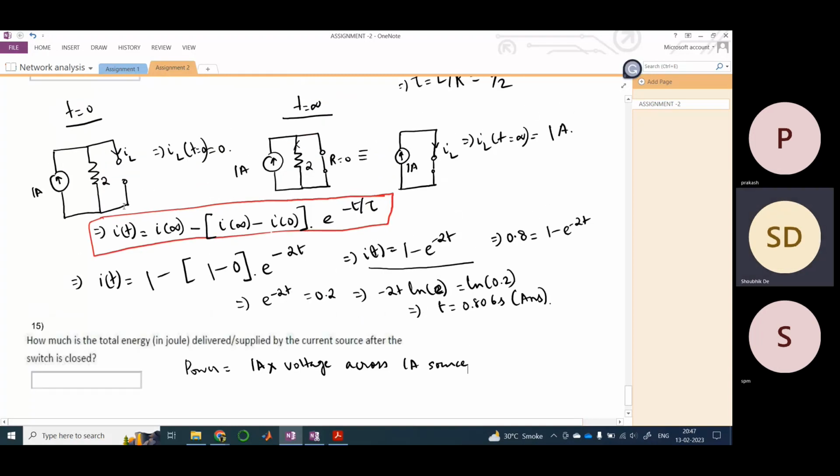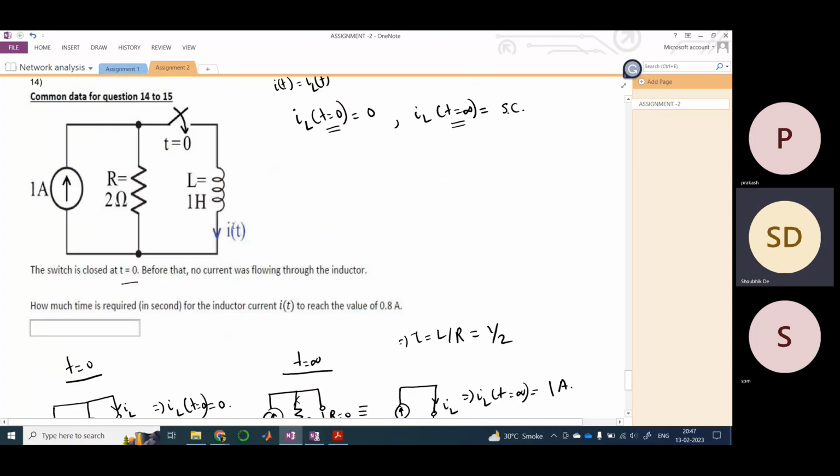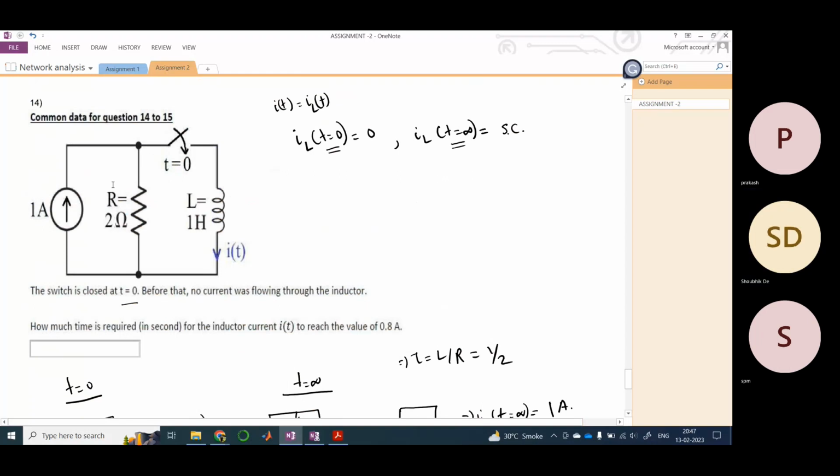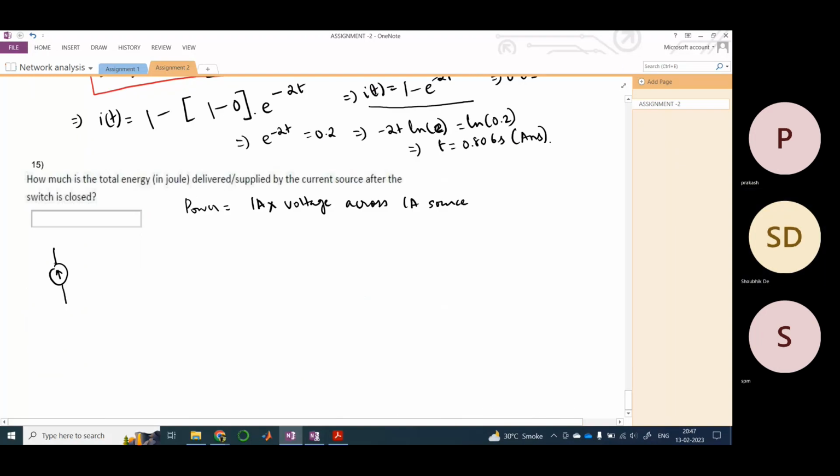Now what is the voltage across the 1 ampere source? If we look at it again, let us just take that the switch is closed. I'm just redrawing this. So this is L, this is R, and this is 1 ampere.